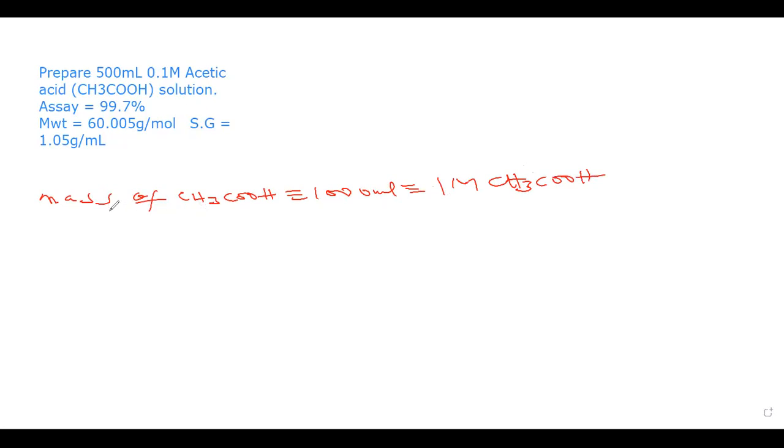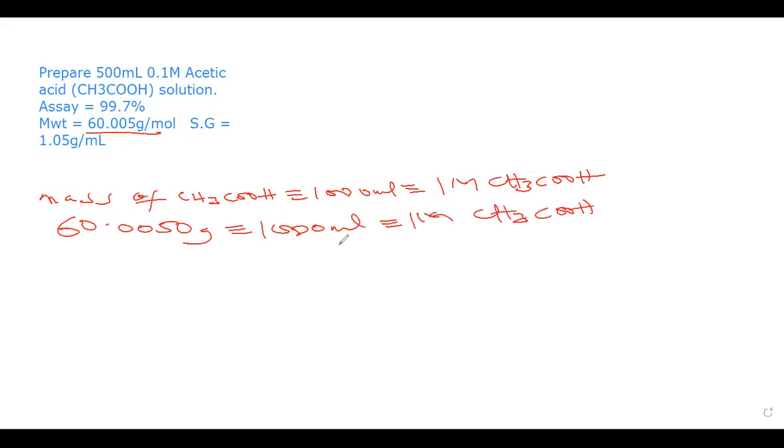This is the first general statement. Now, the molecular weight has been given, so 60.0050 to 4 decimal places grams in 1,000 mL should produce 1 molar CH3COOH. Very simple.